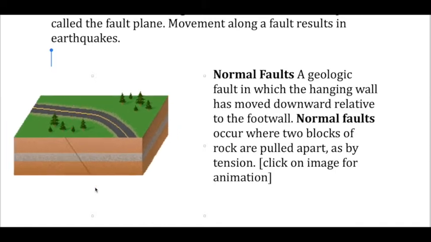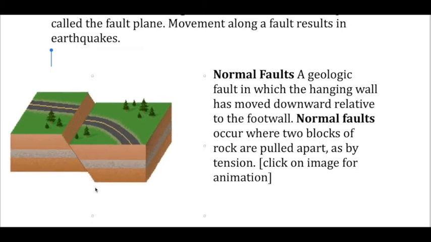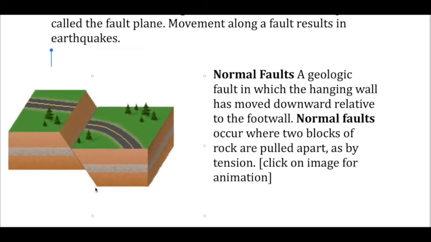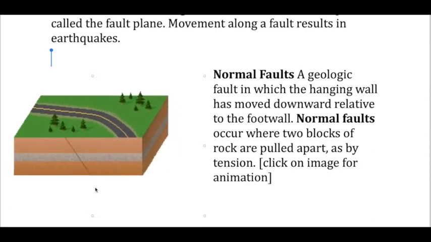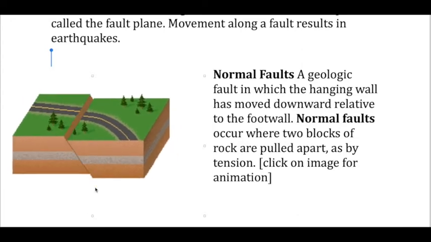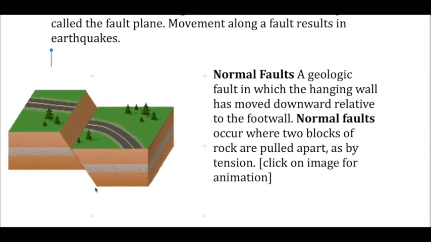The one that's up is called the foot wall, because it's what you're looking at. So the hanging wall is dropping, and it leaves one there. Now it looks like the one is raising up, but really what happened is the other is lowering. So if the crack is at some kind of an angle and one drops and one raises, then what's dropping, that's called a normal fault. Okay.